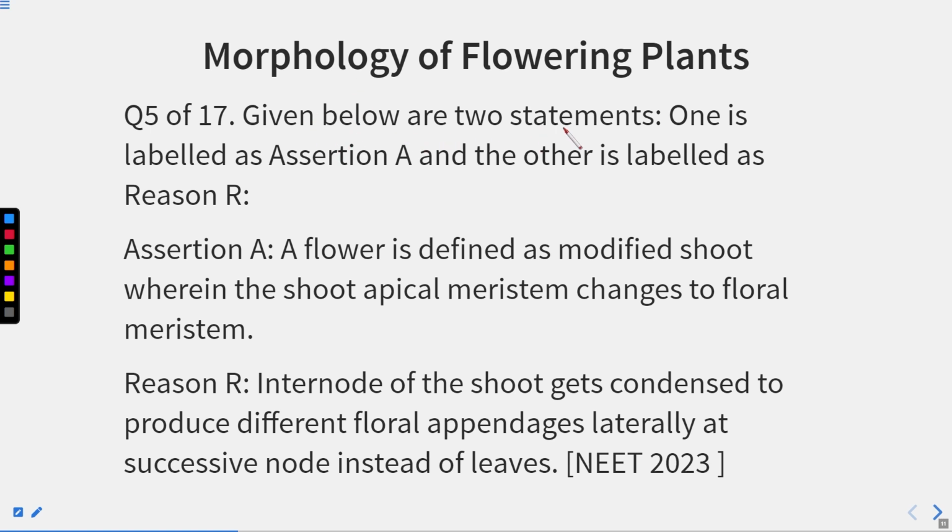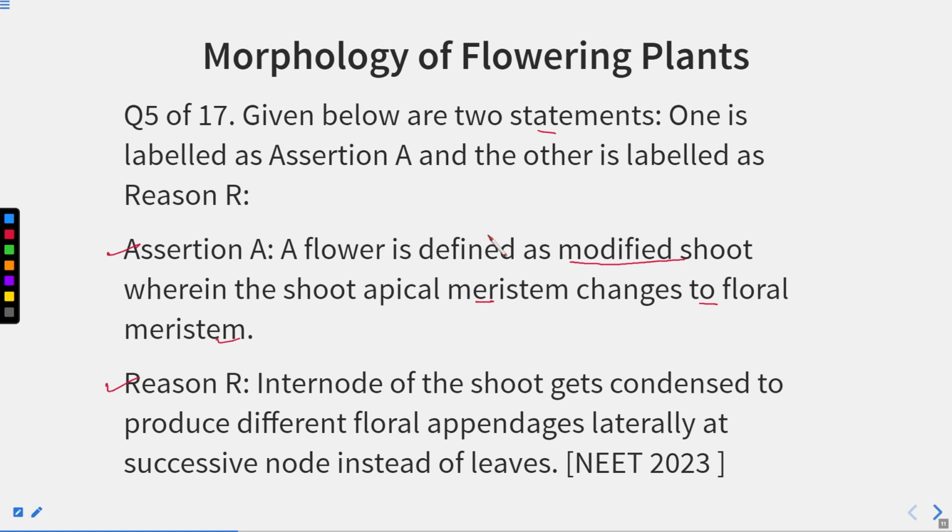Here they are saying, given below are two statements. One is labeled as assertion, another is labeled as reason. So here they are saying a flower is defined as a modified shoot, wherein the shoot apical meristem changes to floral meristem. Alright, so this is true.